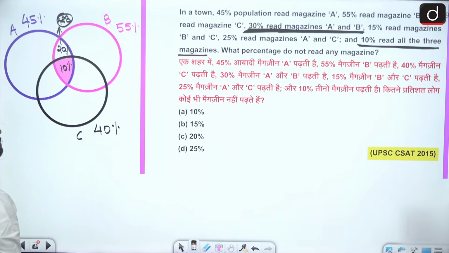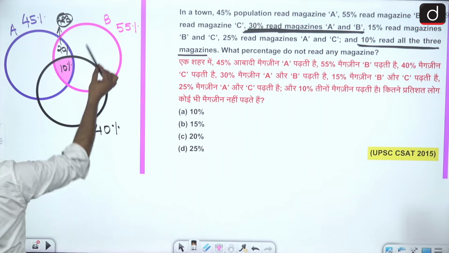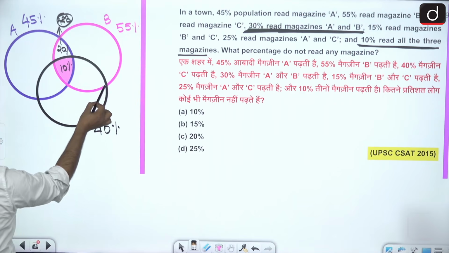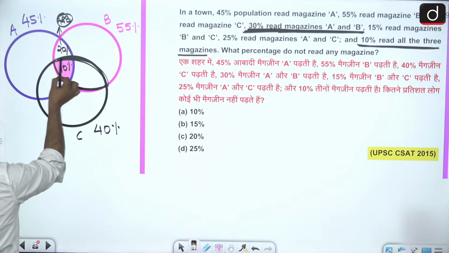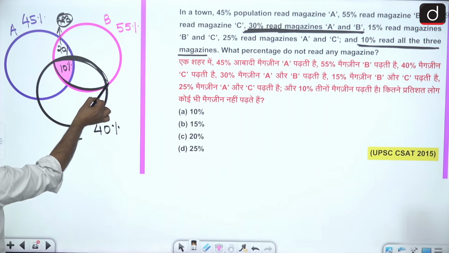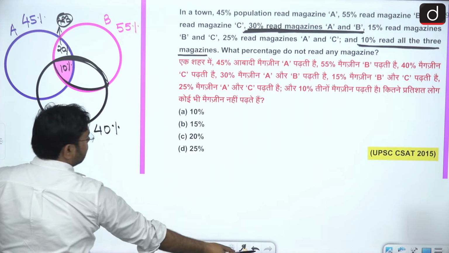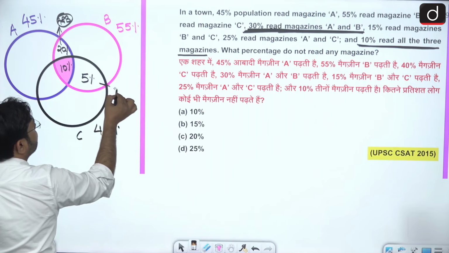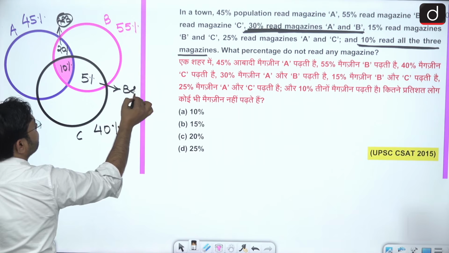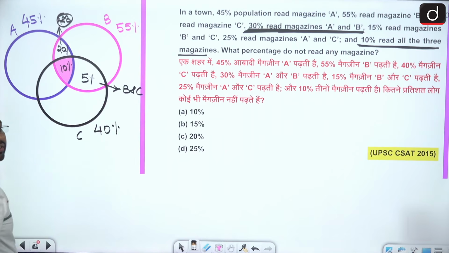Now next one, 15% read magazine B and C. This part is B and C, and this is 15%. So 10 this and 5 here. So you will say 5% here, B and C, 15% complete, 10 plus 5.